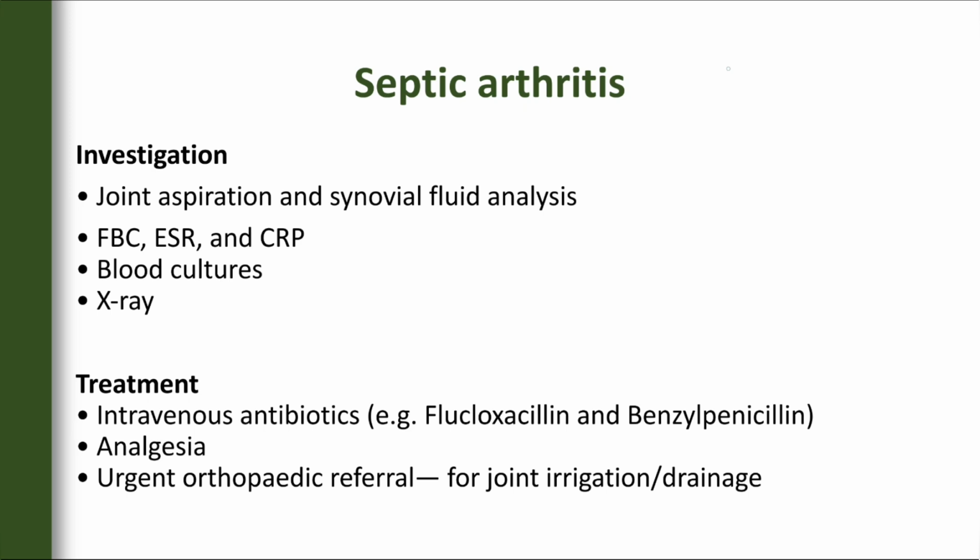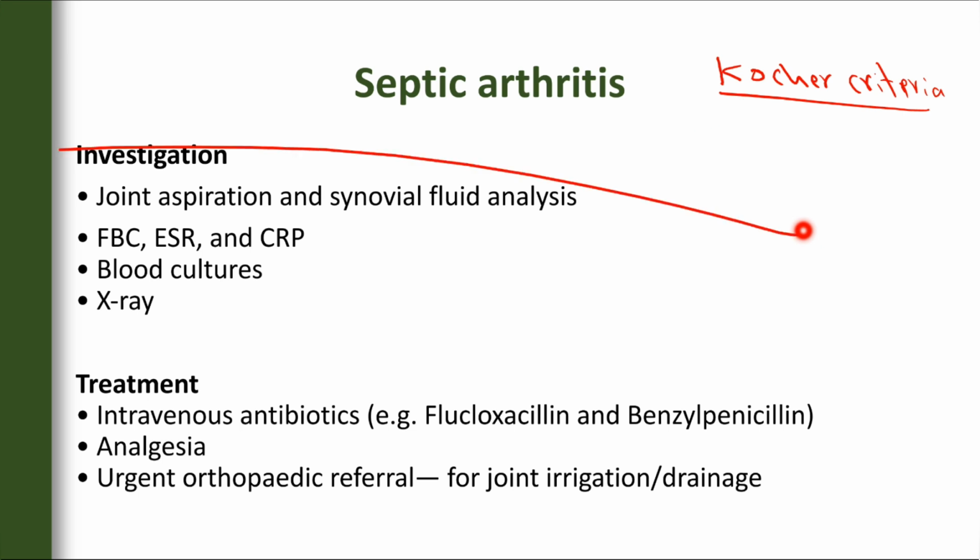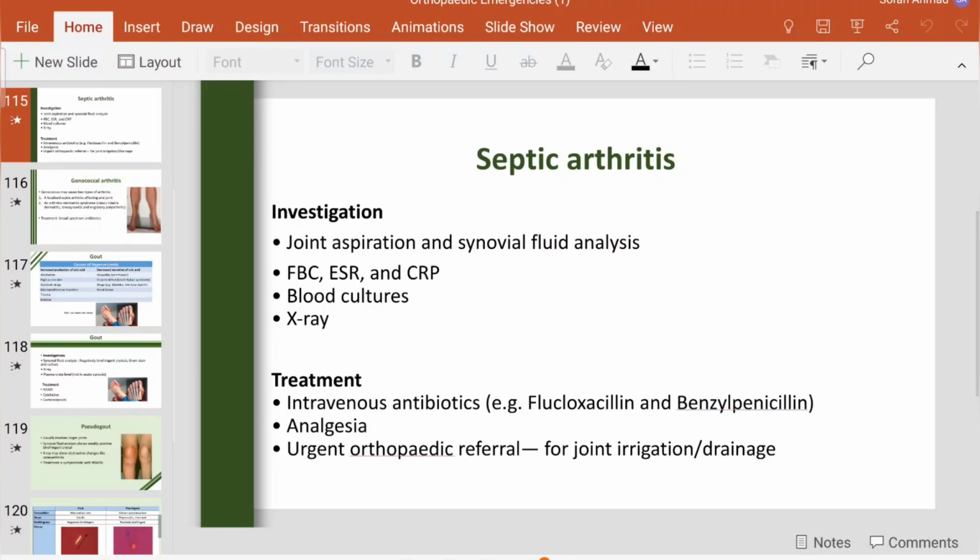There is a criteria especially used for a child with a painful hip or painful knee, called the Kocher criteria. The Kocher criteria is very important because it involves four criteria.